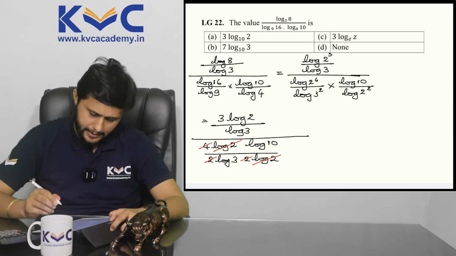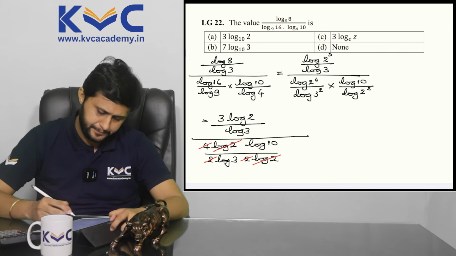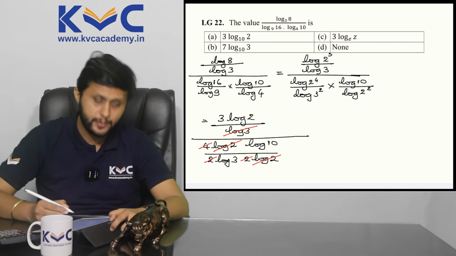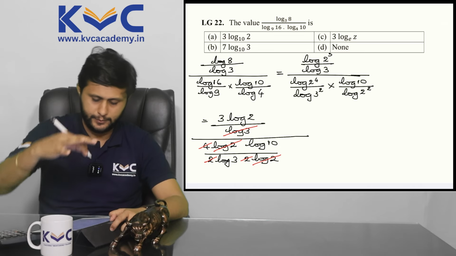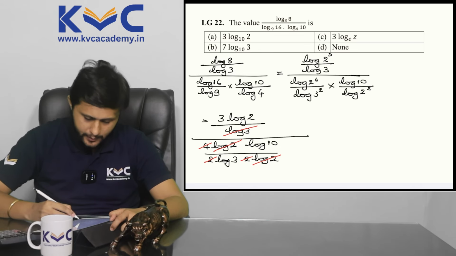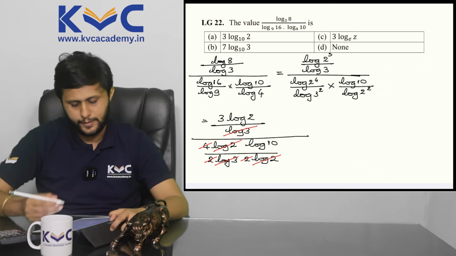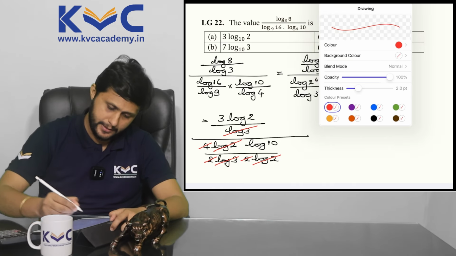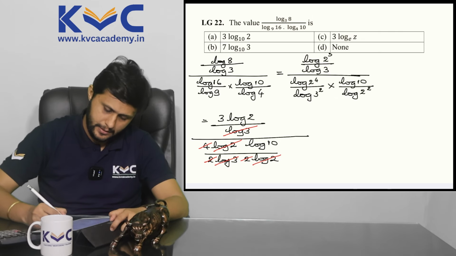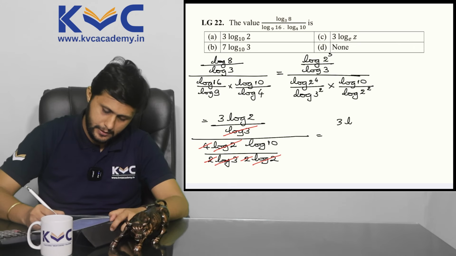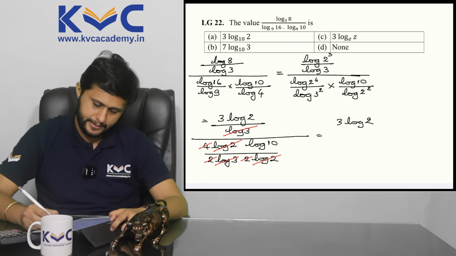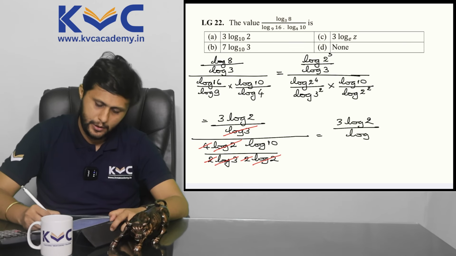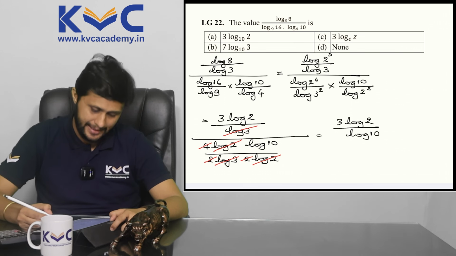Then I can also cancel log 3, which was there in the denominator of the main numerator, with the log 3 of the denominator of the main denominator. What remains now? 3 log 2 remains, divided by log 10. This is all that remains.